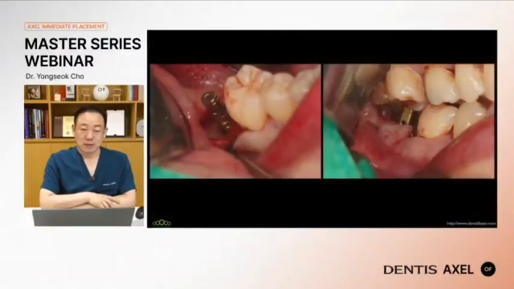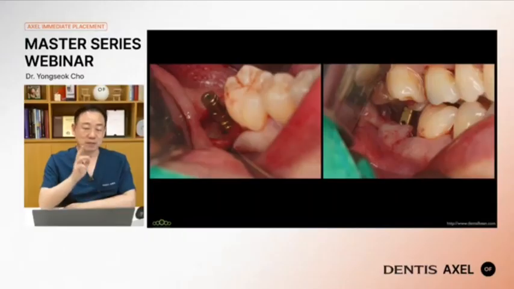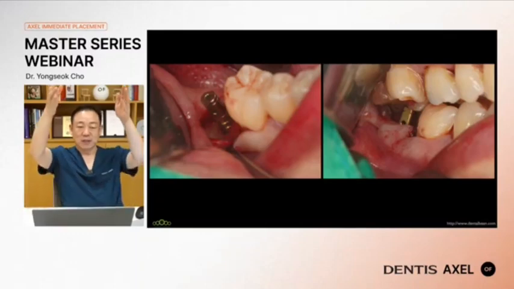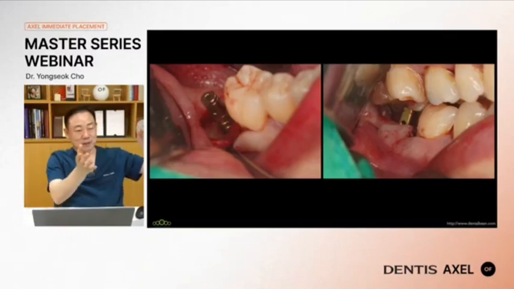Okay. And one more thing I want to emphasize at the number 7 molar side is considering the opposing tooth. When time passes, supereruption of maxillary number 7 will occur. The direction is downward and to the buccal side, okay, like this.